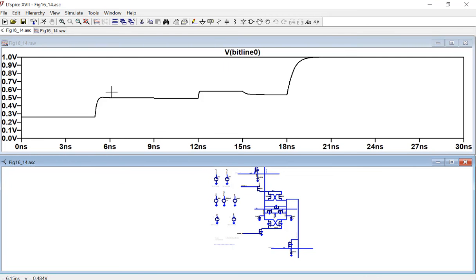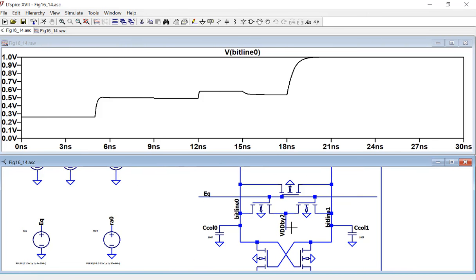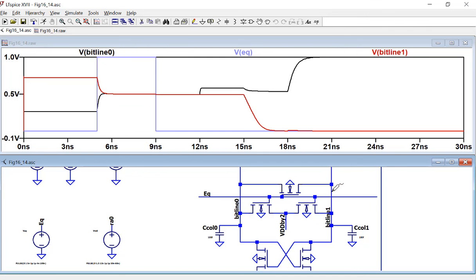So what are these ones? I have an equalizer which is giving the precharge. You can see this voltage is half VDD, 0.5 volts. So I have the 2 channels of the NMOSes. Whenever I turn this on, it's doing what?